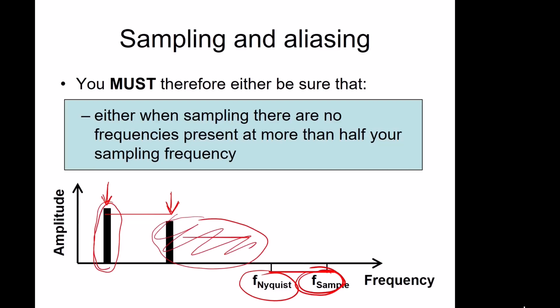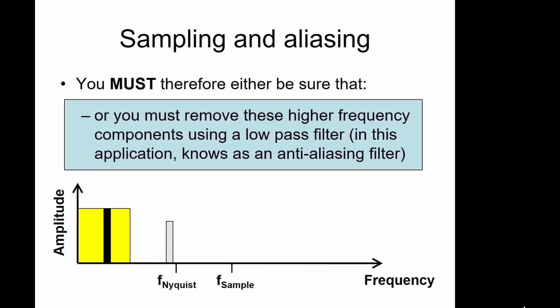So we have discussed a circuit to do that, and that is known as a low pass filter. And if you low pass filter here, you're just keeping your frequency of interest, you're eliminating everything up here, and therefore the Nyquist limit will be twice this cutoff frequency of your filter, which is here.